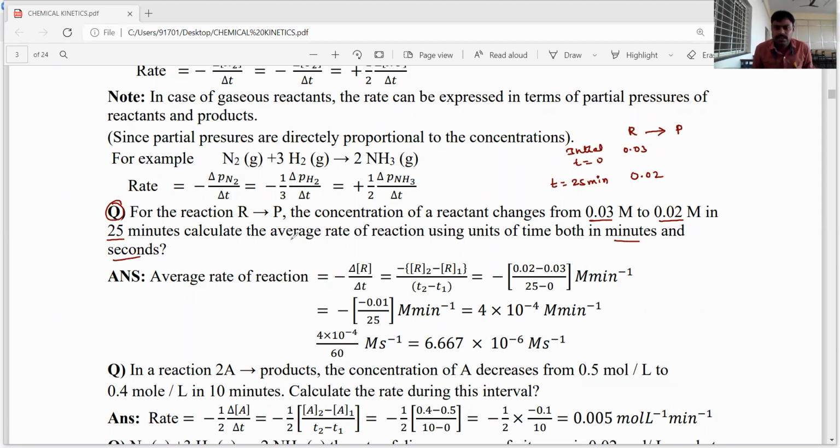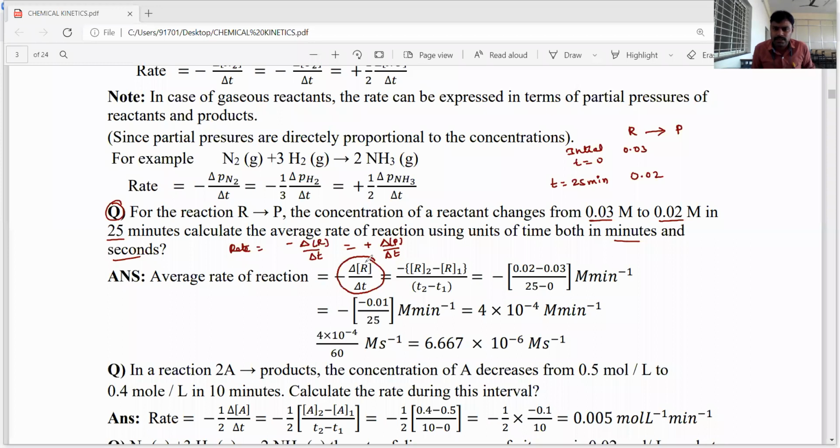So we know that for this reaction the average rate equals minus delta R by delta t, equals plus delta P by delta t. Here the product's concentration is not required. Average rate can be calculated with respect to any reactant or any product. Here the reactant's concentration change is given, so it's very easy. The average rate equals minus dR by dt.